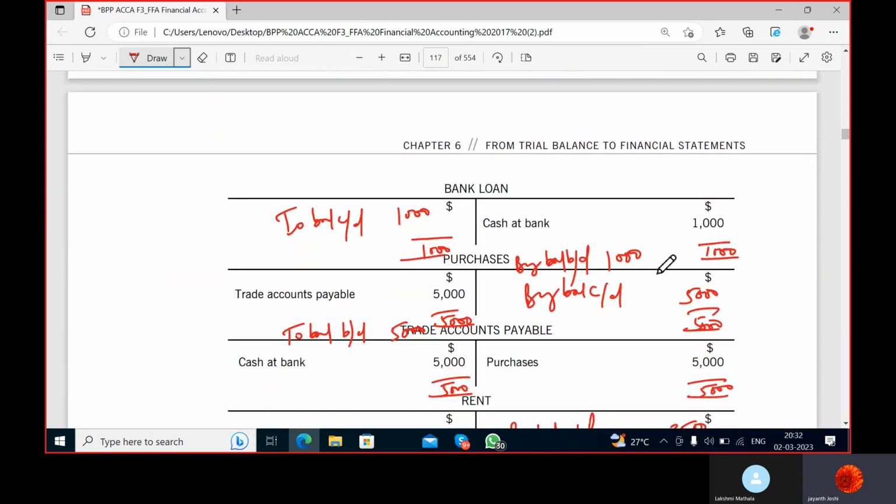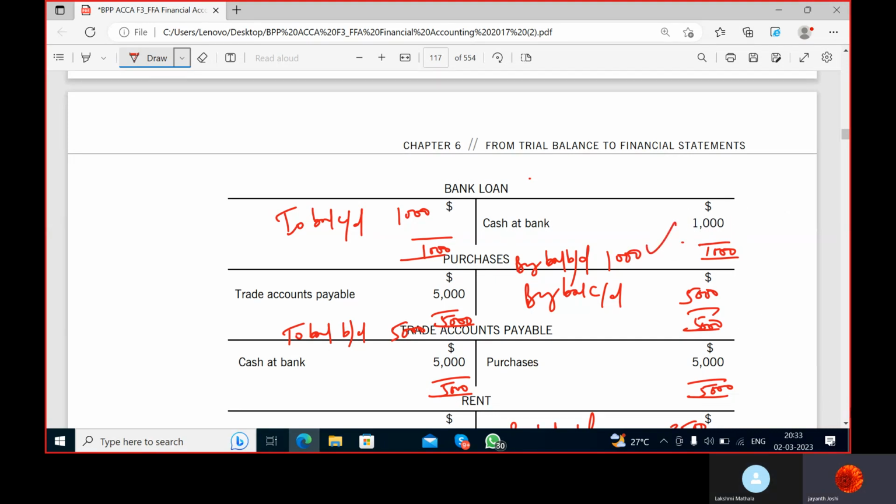Now please tell me where the bank loan amount is. The brought down balance is in which side? Credit side, yes.